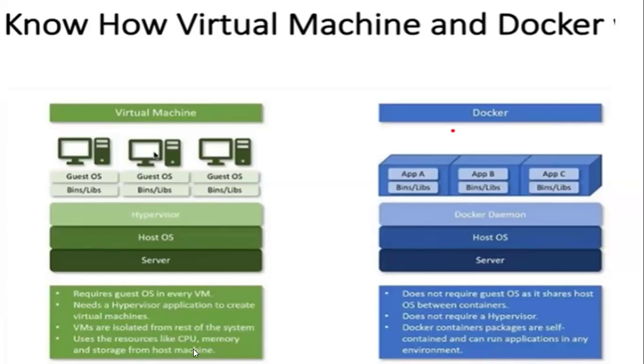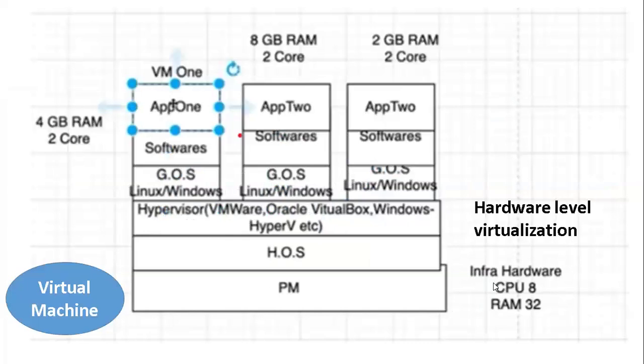What are the system requirements? One is CPU, another one is memory, another one is storage. These all are taken from the physical machine. That's what I call hardware level virtualization. All of this is taken from your host machine, guys. That's the thing I wrote here.